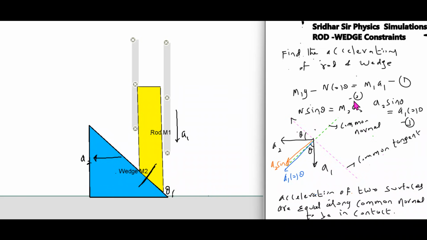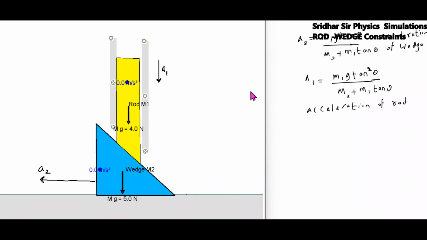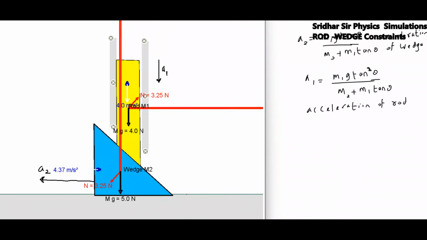Solving all these three, we'll get the expressions for the accelerations of the rod and the wedge. The acceleration of the rod M1 is given by this formula after solving the equations. The acceleration of the wedge is given by this particular equation. Now how much they'll be related, let me show with the animation.